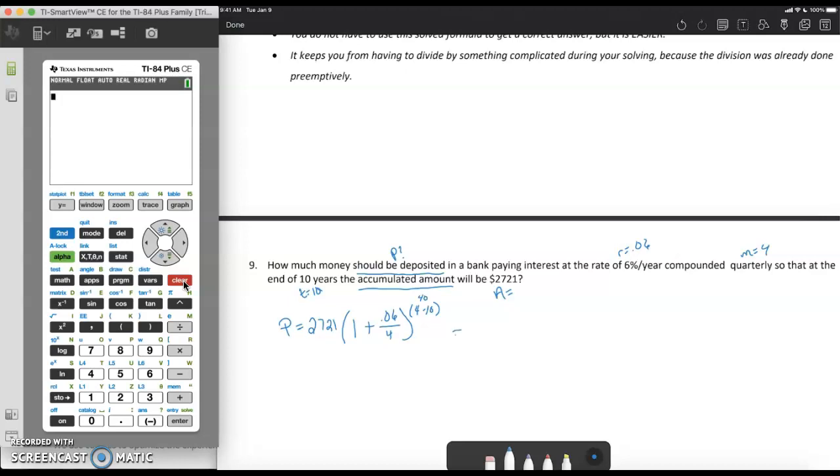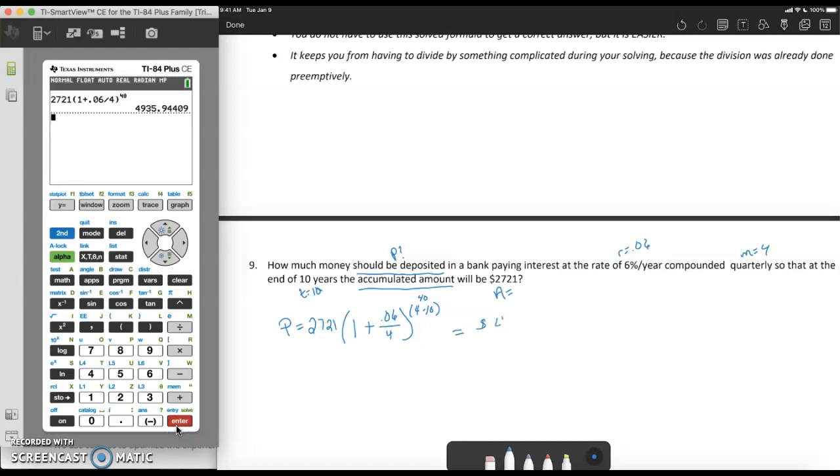So I gotta type in 2,721 times the quantity, 1 plus 0.06 divided by 4 to the, and as long as I'm only typing in one value, I don't need parentheses, I'm going to say to the 40th power, hit enter.